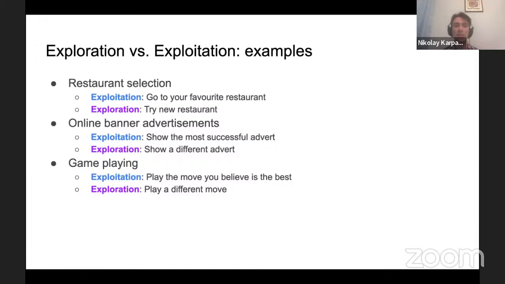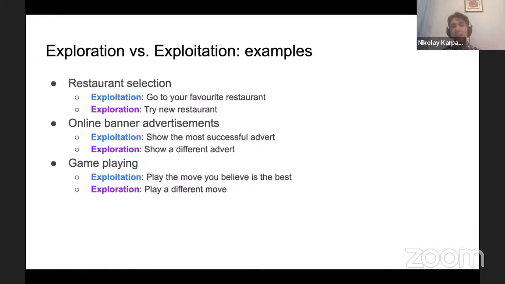You know that it is a safe choice, and you will likely be satisfied with it. But on the other hand, you can try to visit a restaurant you've never been to, and you can be blown away by the quality, and it can be a better choice in the end.